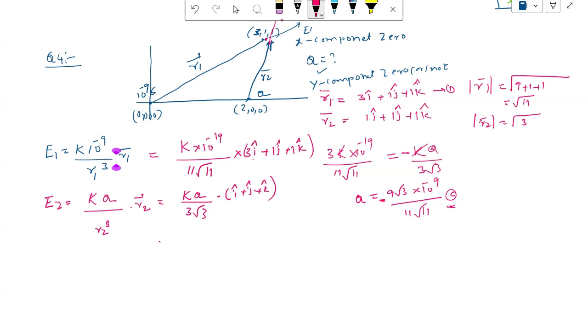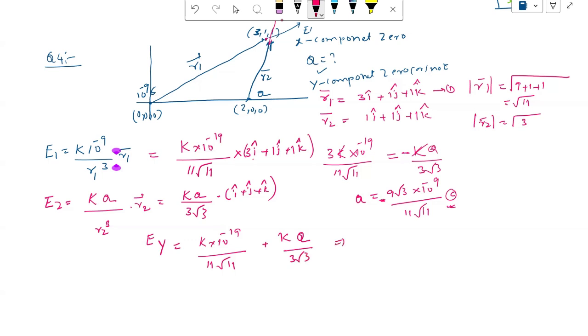So now the Y component of field Ey is equal to how much? K into 10 to the power of minus 9 by 11 root 11, into 1, plus K into Q by 3 root 3.